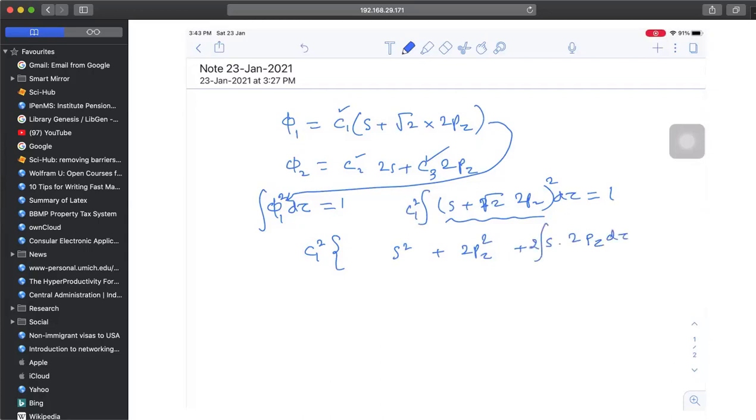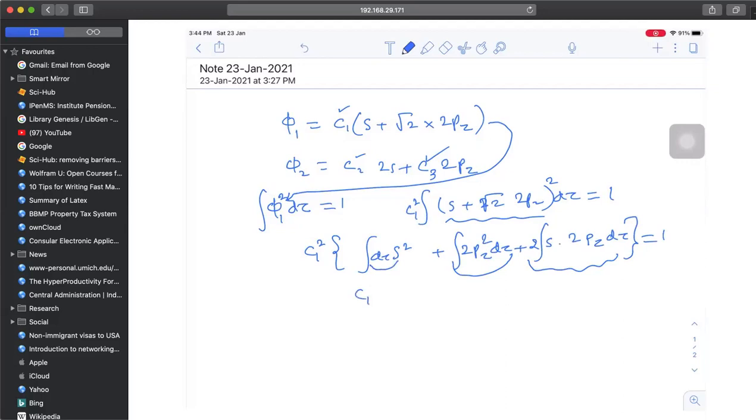These are the integrals you will get. But you know that s and pz are orthogonal, so this cross integral will be 0. The pz atomic orbital is normalized, so this integral will be 1. The s orbital is normalized, so this integral will be 1.